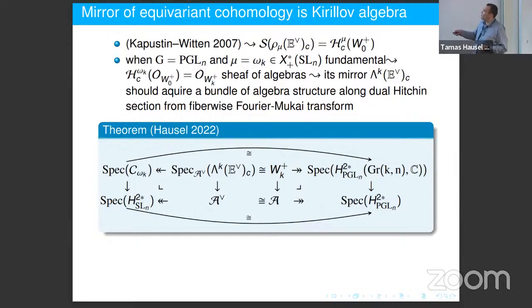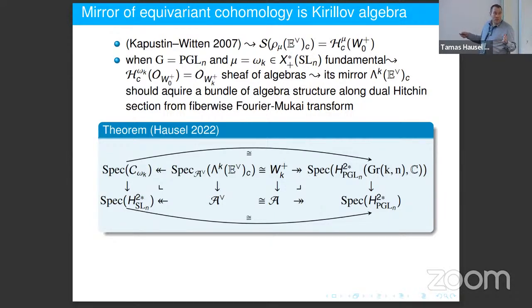And then you can find this isomorphism, which is kind of beautiful because they are living on different sides of the world. So this one is on the PGLN moduli space, this upward flow, and this is the universal bundle for the Langlands dual one. And we define this algebra structure, and then we took the relative spectrum, and you get this isomorphism because you can identify the bases by identifying the Hitchin bases.